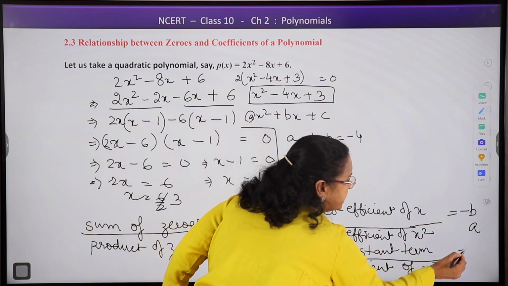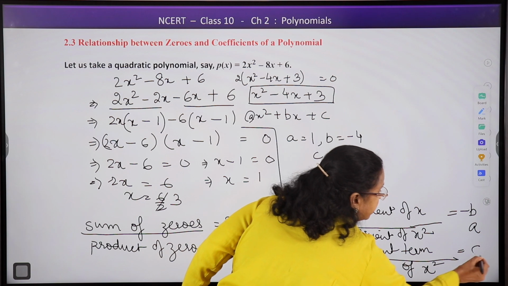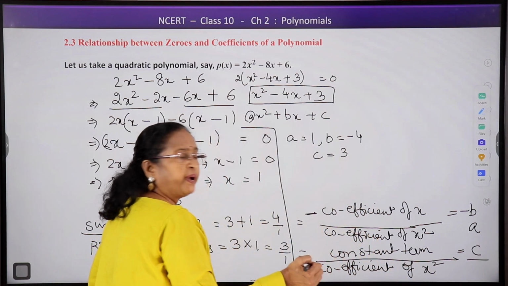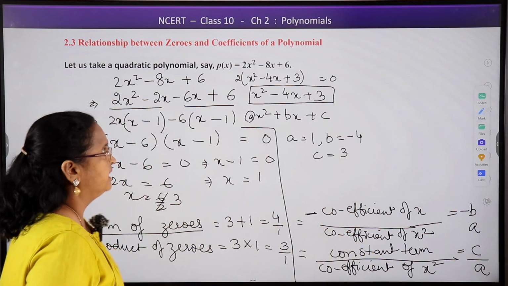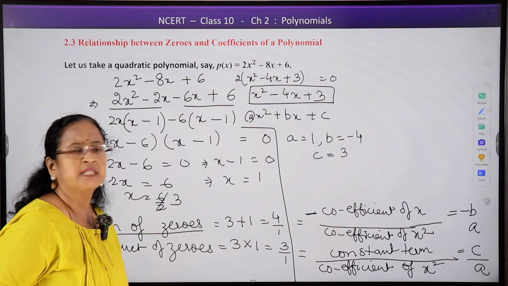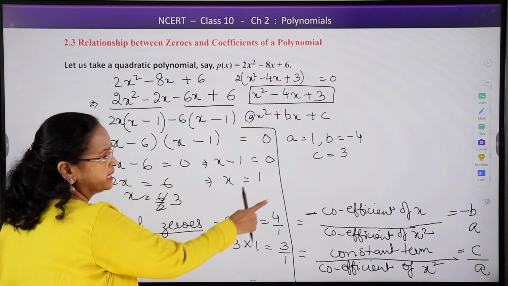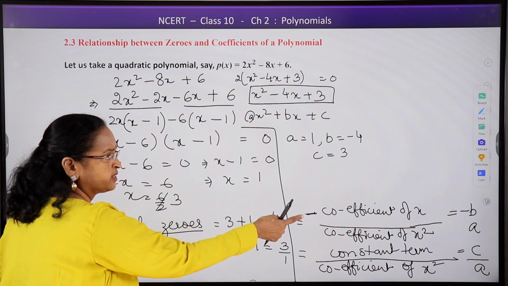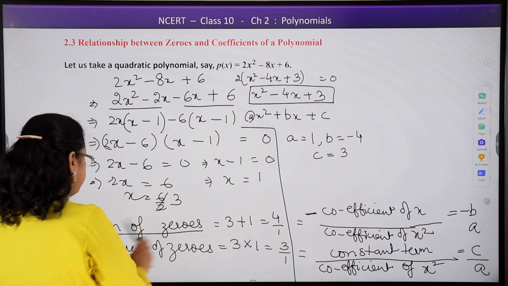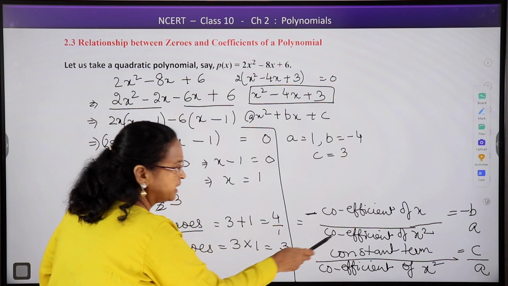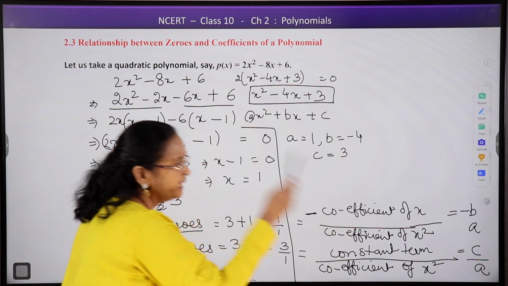Now what is the constant term in the general form of the equation? It is c. And what is the coefficient of x square in the general form? A. So we have learned the relationship between coefficients and zeros of the polynomial: sum of zeros is minus coefficient of x by coefficient of x square, that is in general form minus b by a, and product of zeros is constant term by coefficient of x square, that is equal to c by a.